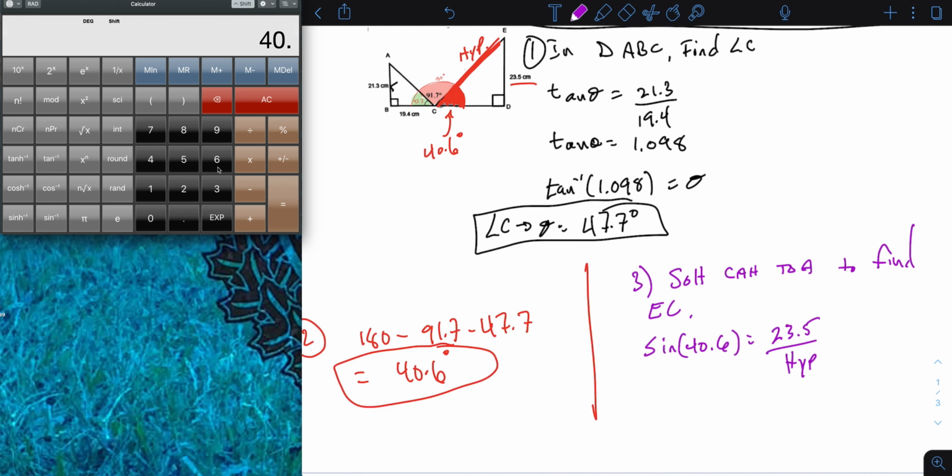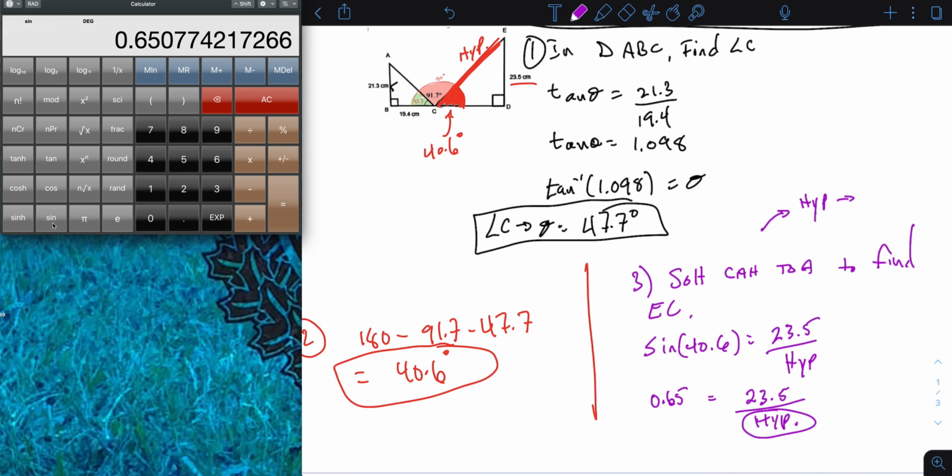You can do the math on this if you'd like. You go 40.6 and hit sine of that angle, we don't want the inverse on, and it's 0.65, equal to 23.5 over the hypotenuse. The goal is to get the hypotenuse by itself, because the hypotenuse is EC. If I get it by itself, I can solve for it.